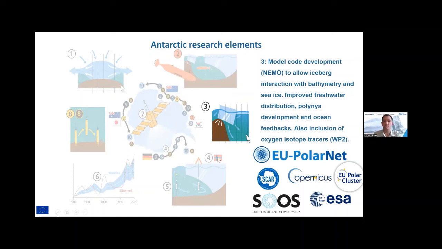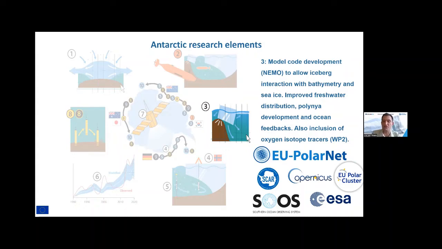We'll be doing some active model development, mainly to NEMO, to allow iceberg interaction with bathymetry and sea ice. You can see this model development ties in quite closely to the observational efforts on grounded icebergs. Grounded icebergs are important because when a large iceberg grounds, it opens up or closes large areas, modifying the sea ice and potentially allowing for polynya formation or destruction if the iceberg moves away.